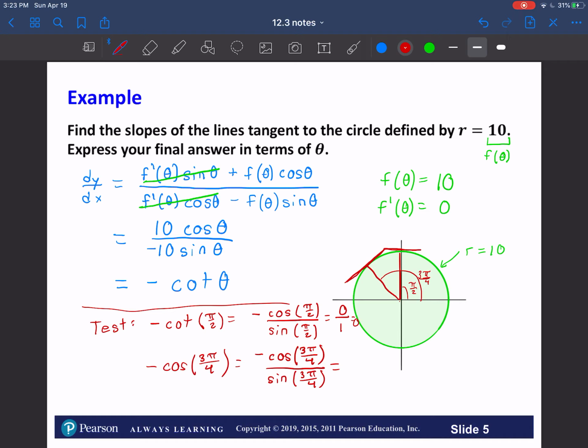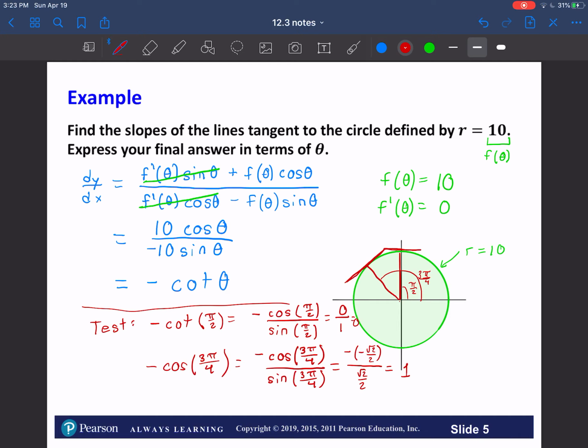And cosine of 3 pi over 4 is negative root 2 over 2. And sine of 3 pi over 4 is positive root 2 over 2, which of course gives us an answer of 1, which is what we expected just based off of the picture.